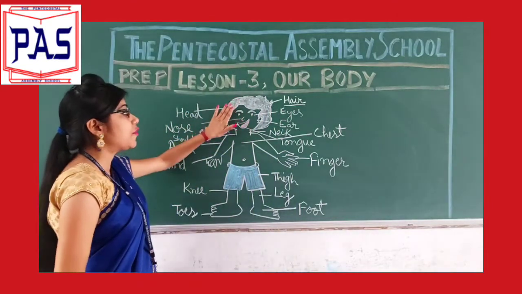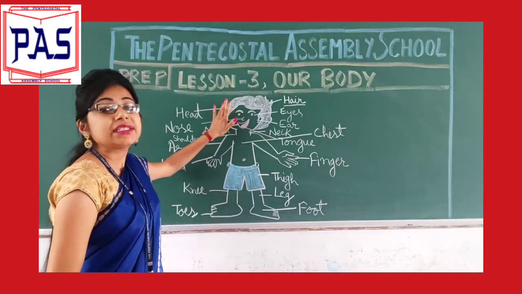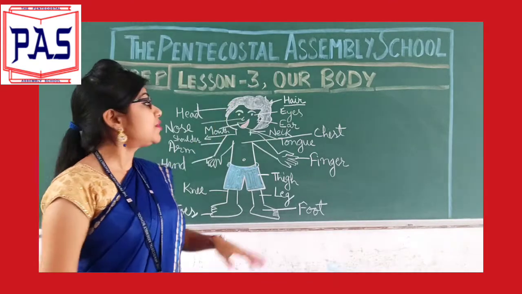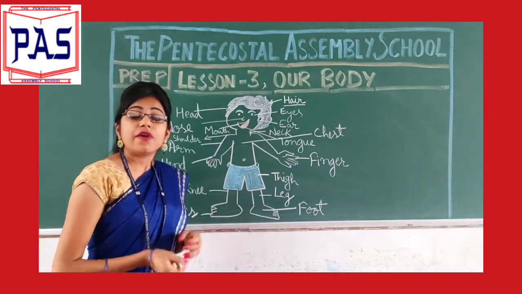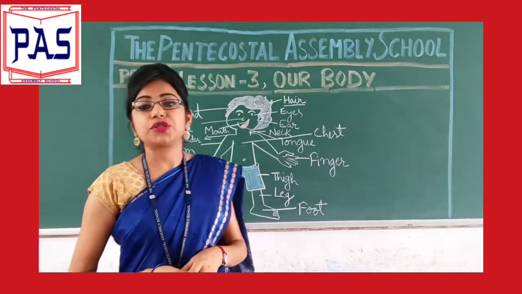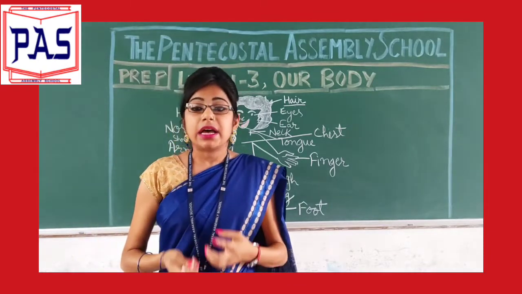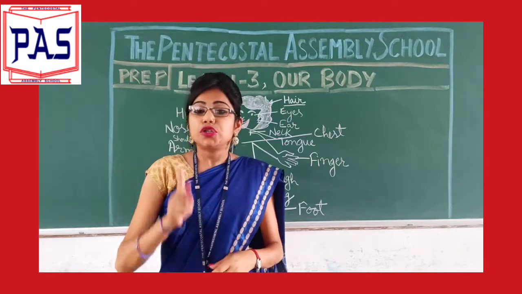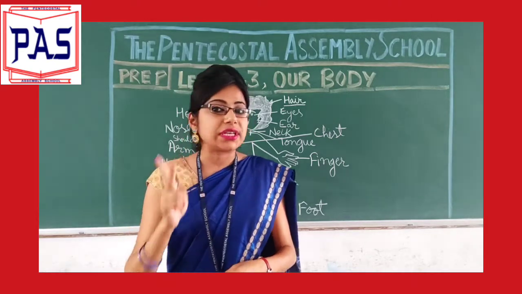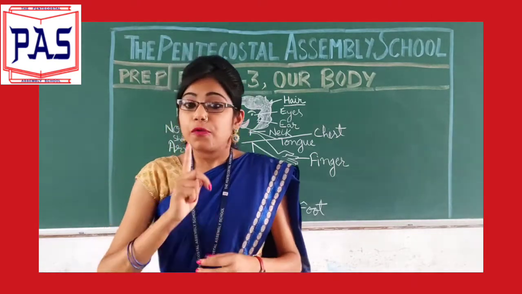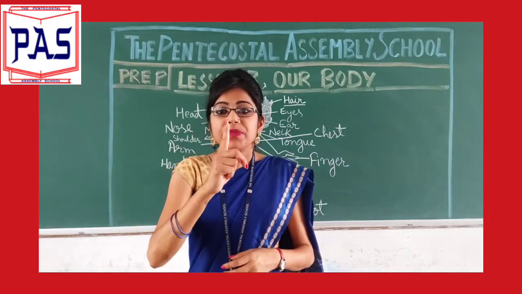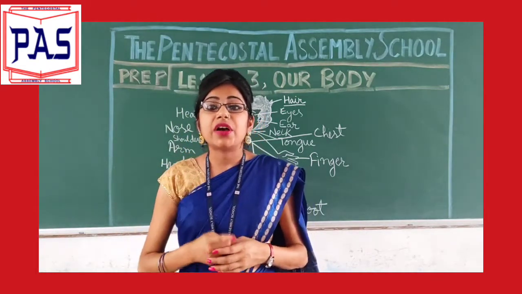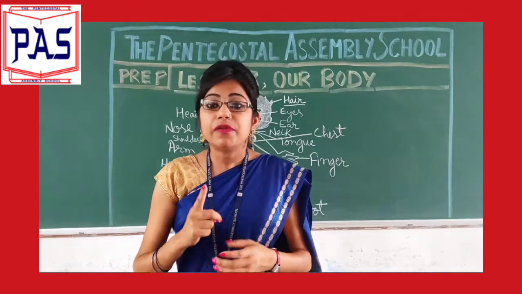The top part of our body is called head. Next one is eyes. Our eyes help us to see. We have 2 eyes to see. Next one is nose. We have one nose to smell and to breathe.